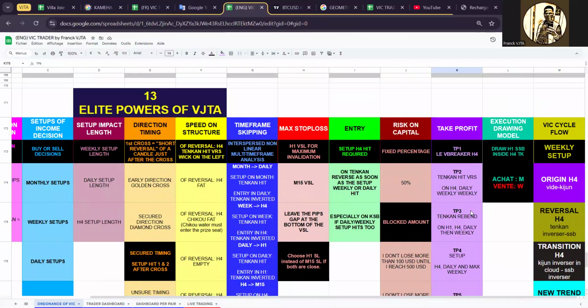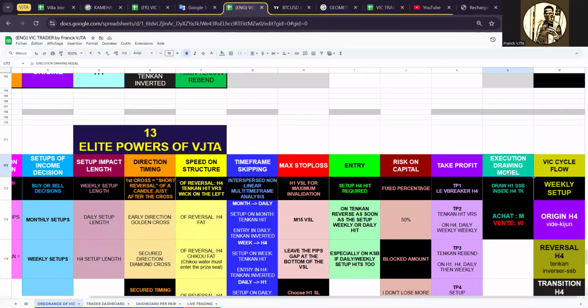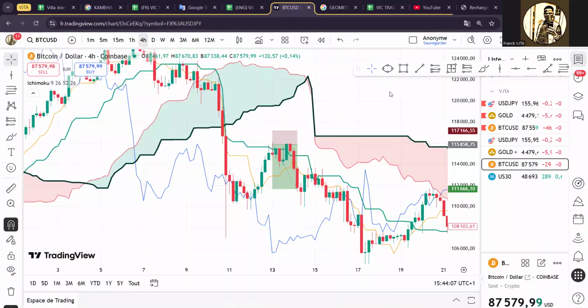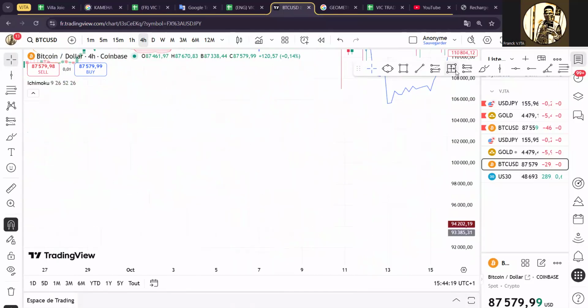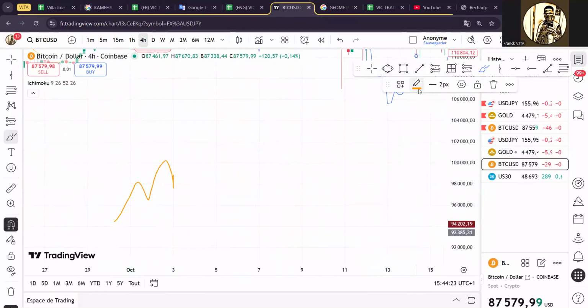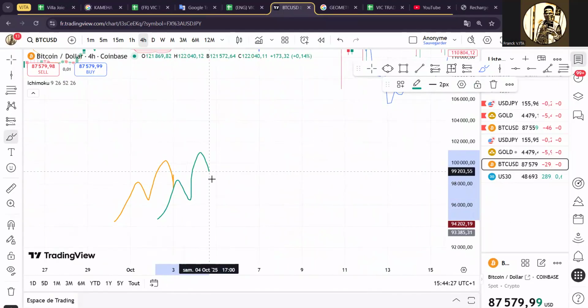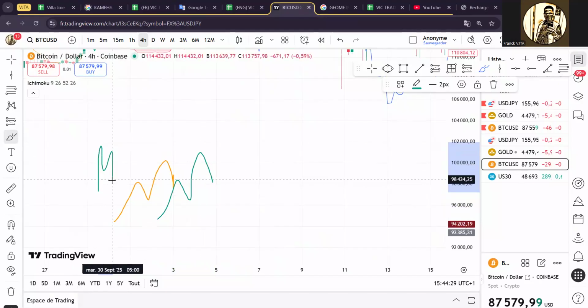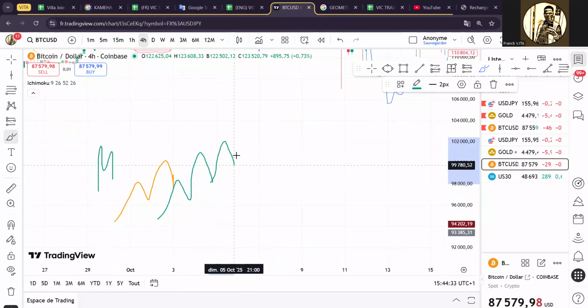So now let us talk about the execution drawing model. The execution drawing model is just the fact that when the market moves to the upside, right, it creates an M figure. When the candles move to the upside like this, it keeps moving like an M letter, right?